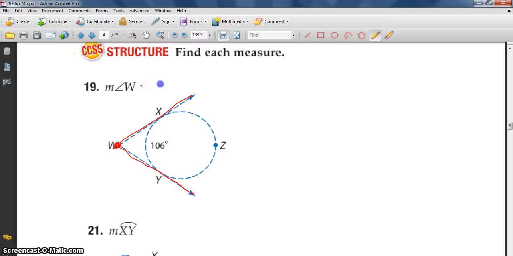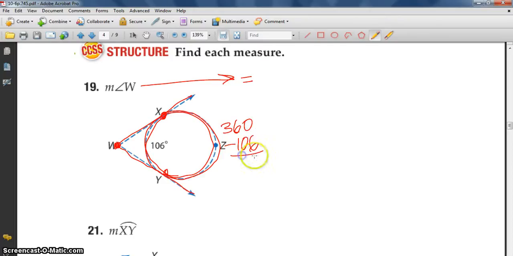So the measure of angle W is equal to, well, this arc we know is 106, but we also have to find this arc by subtracting from 360. So first take 360 minus 106, and that gives you 254.